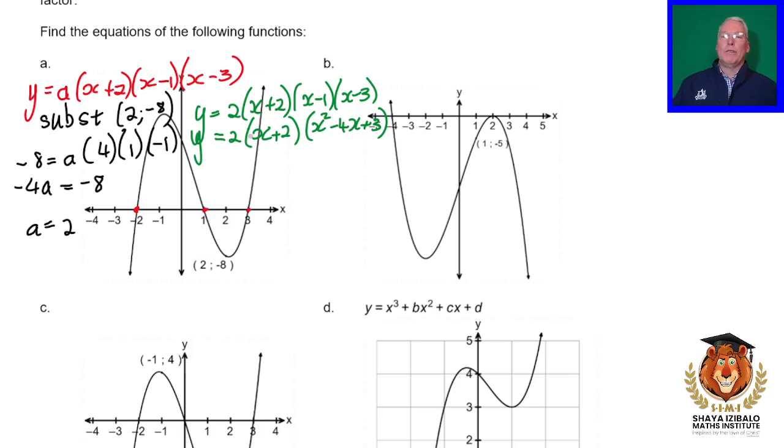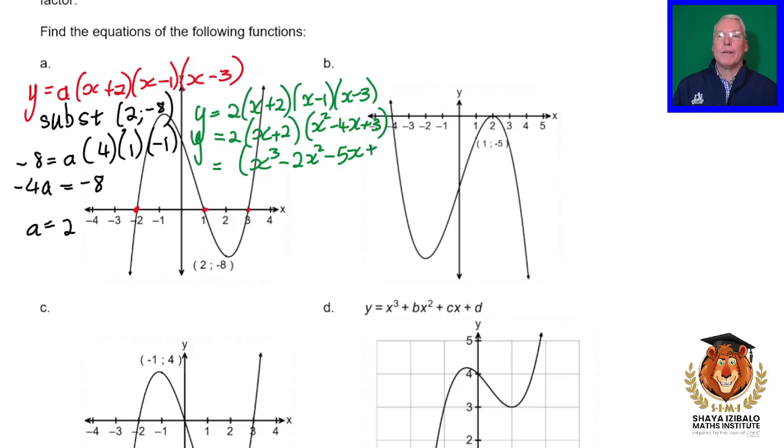Okay, when we multiply the x plus 2 in here, we're going to get x cubed. We're going to get 2x squared minus 4x squared, which is minus 2x squared. We're going to get negative 8x plus 3x, that's negative 5x. And we're going to get plus 6.